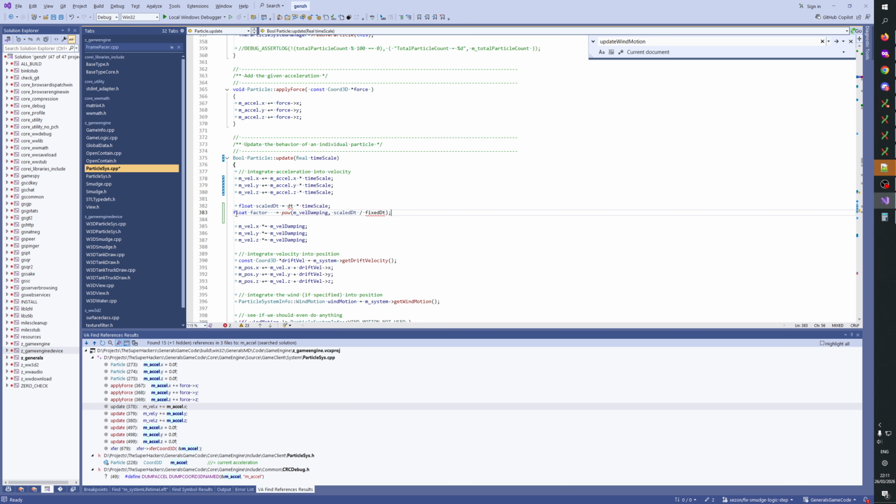So we'd have a real, would have the frame pace, get update time, right? Time scale. Then we have damping.